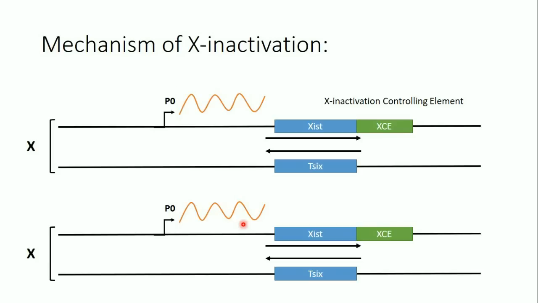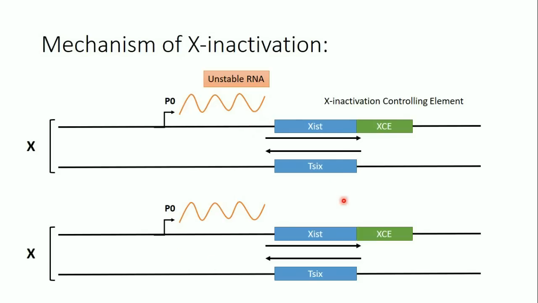This RNA is not translated into a protein. This RNA functions as an RNA. The RNA which is transcribed from the P0 is an unstable RNA, and because of this, it does not accumulate.